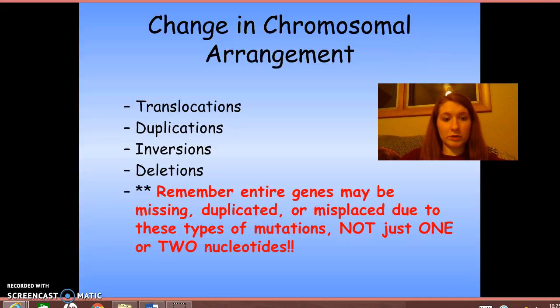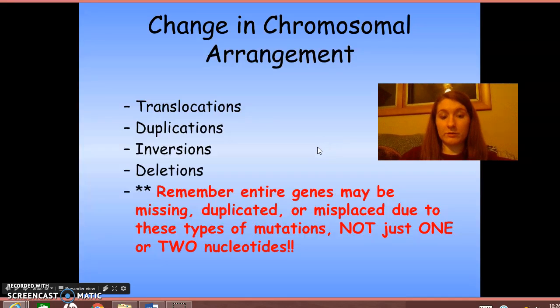So now on to change in chromosomal arrangement. This isn't going to be a whole other chromosome that is going to be added or deleted. It's just going to be genes on the chromosome.